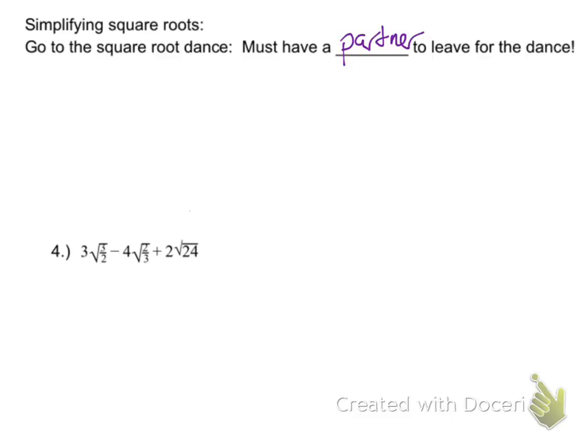This is a square root dance. You must have a partner. Okay? So, what does it mean? And we've done a couple of these. If I had a number like the square root of 52, that's a bad square root, 52.